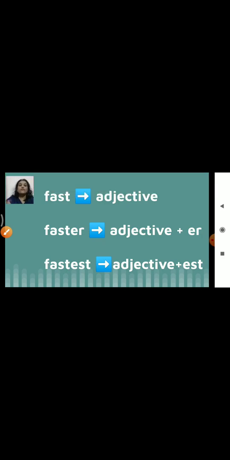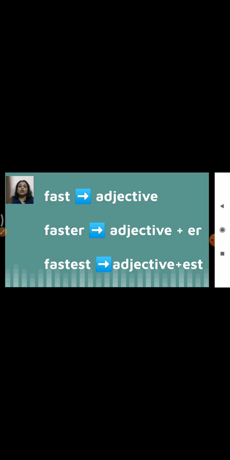Now fast, this word is an adjective. We were describing their running. How was it? Fast. How was the elephant running? Fast. Horse was running faster than elephant, and cheetah was the fastest, right? So here the word fast is an adjective.